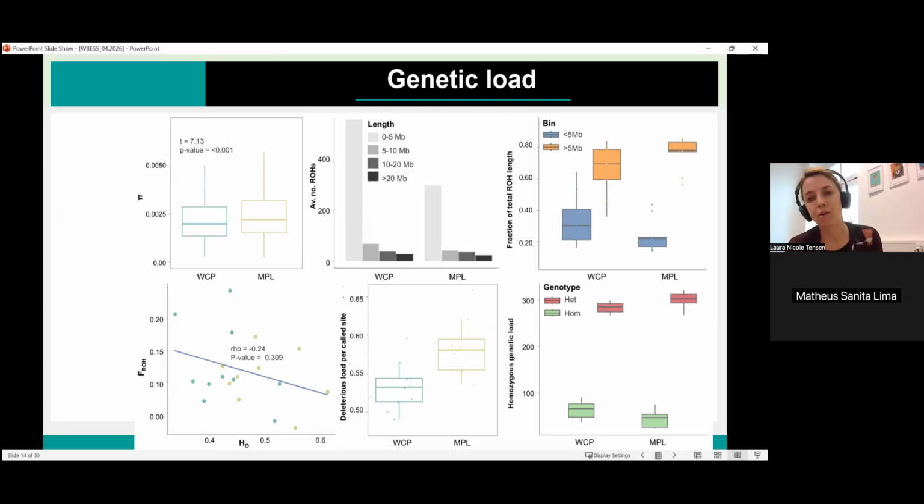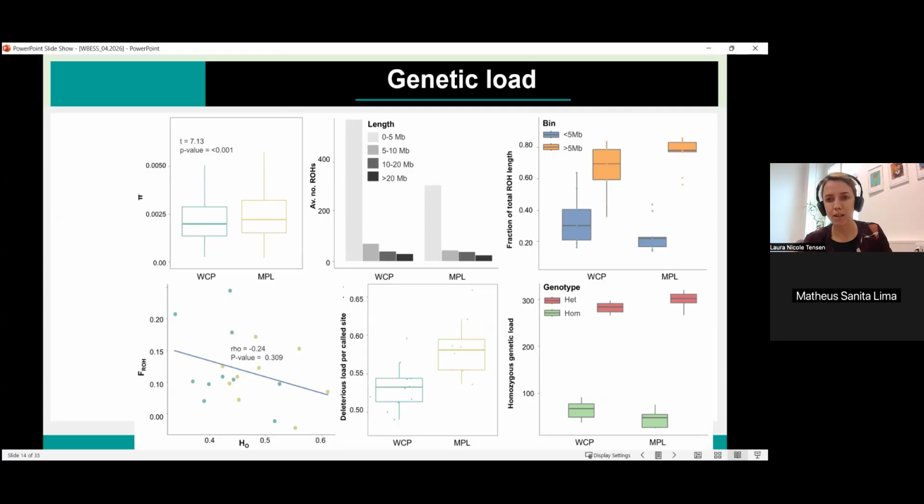And in the bottom right corner, we looked at whether these deleterious mutations occurred in heterozygosity or homozygosity. So I think the takeaway message from all these figures is that overall nucleotide diversity was found to be slightly lower in Western Cape, but the genetic load was lower as well, and the runs of homozygosity were much smaller.